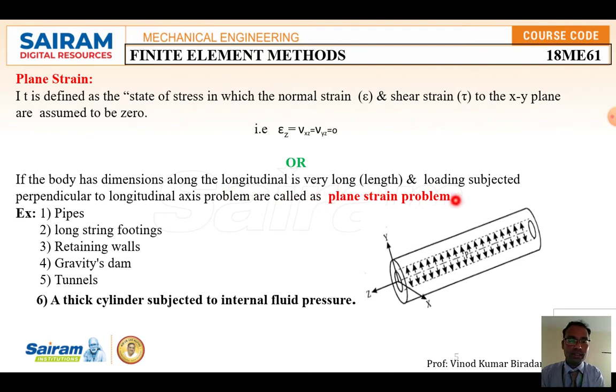Consider a long strip element where the loads act uniformly. Examples are pipes, long strip footings, retaining walls, gravity dams, tunnels, and a thick cylinder subject to an internal fluid pressure. So this is about plane strain.